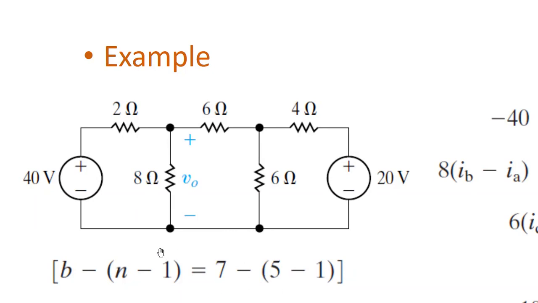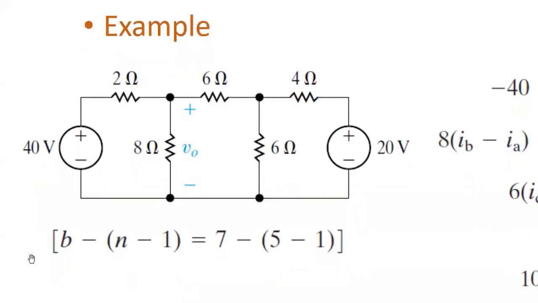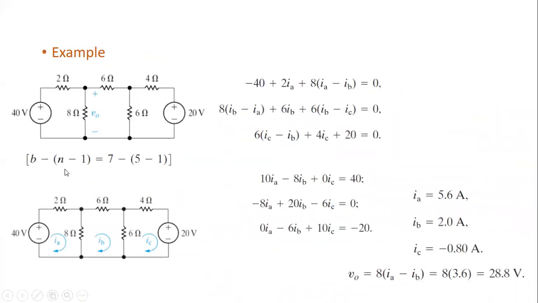But if you want to solve it using nodal analysis, how many equations do you need? 2, right? Because we have 3 essential nodes, and if you select one of them as reference, then you need to solve only for V1 and V2.